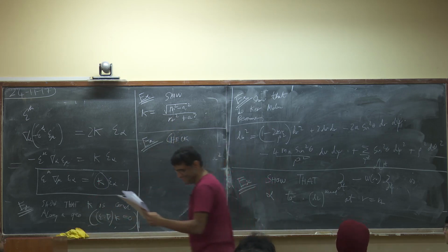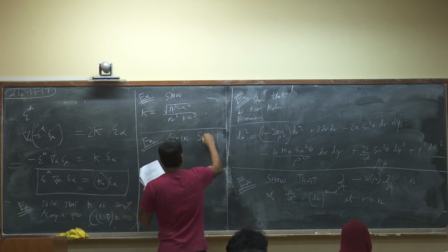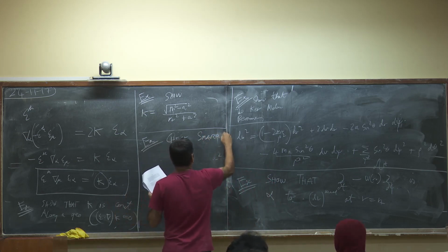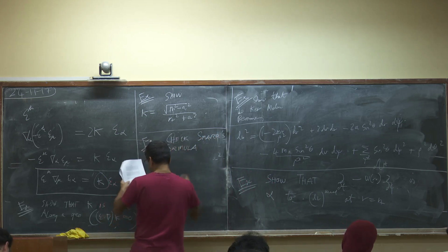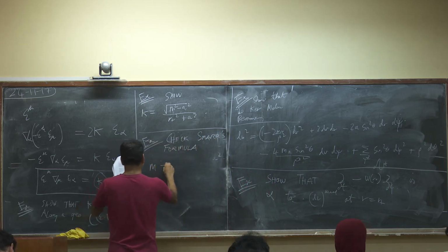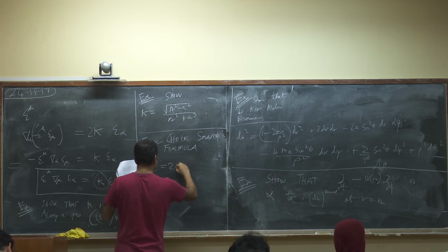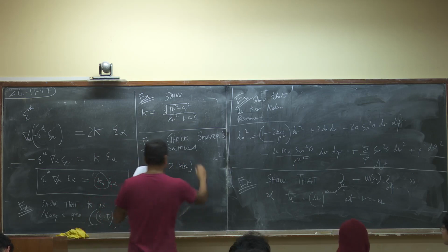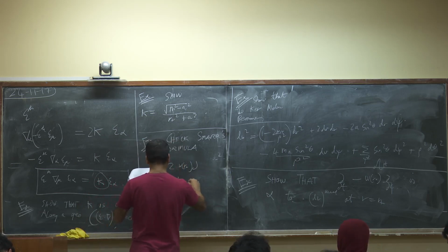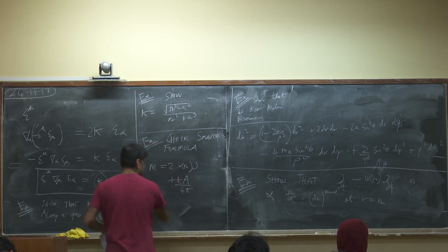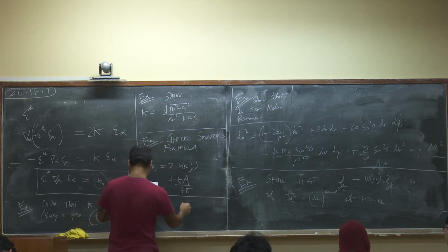Here we're just going to check Smarr's formula. This by 4 pi.